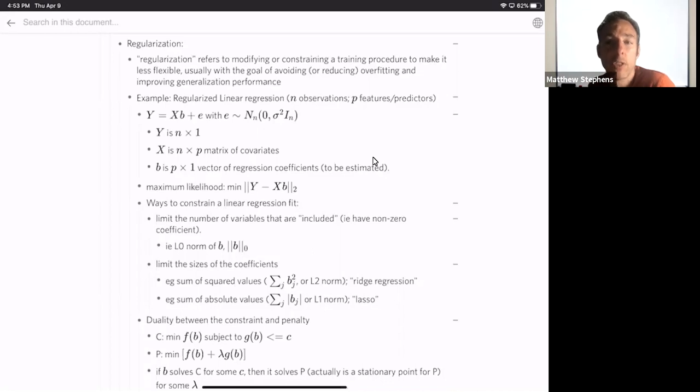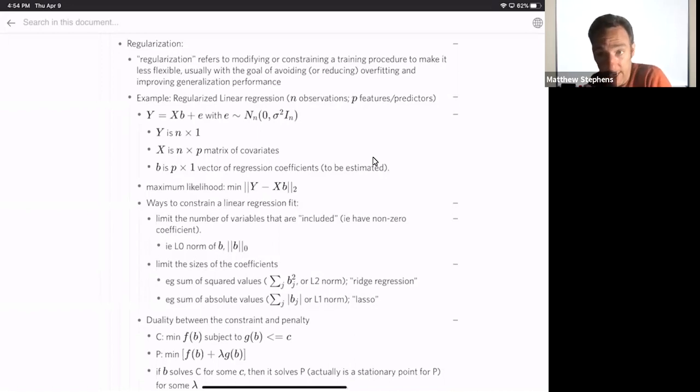So the number of non-zero elements is one way to constrain it, but there are other ways. Here is the L2 norm, or the sum of the squared values of b. So that's also a constraint. The idea is if I tell you that that sum of squared values can be no more than something very, very small, in the most extreme case 0, you're forced to set all the b's to 0.